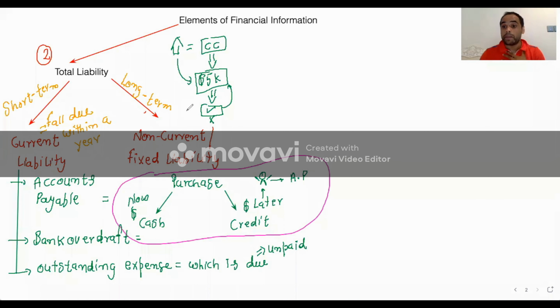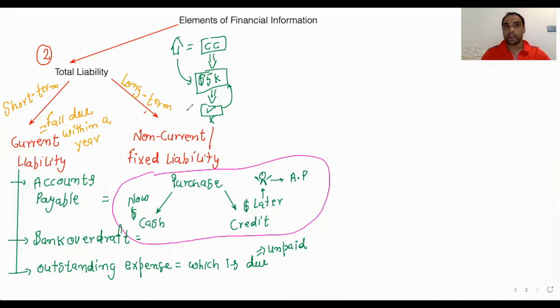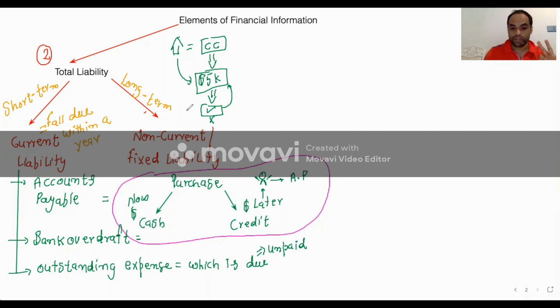It becomes your liability to pay your bills, to pay your tuition fees to the school. All right, the due date has already passed, and it is unpaid. If it's time to pay and you don't pay, it becomes your outstanding expense.